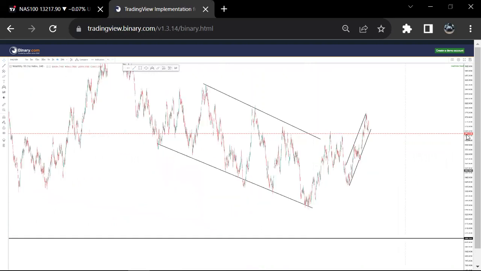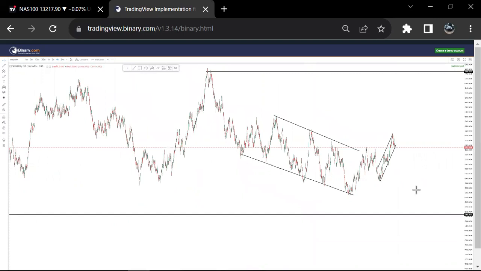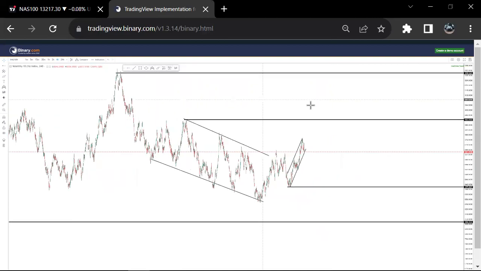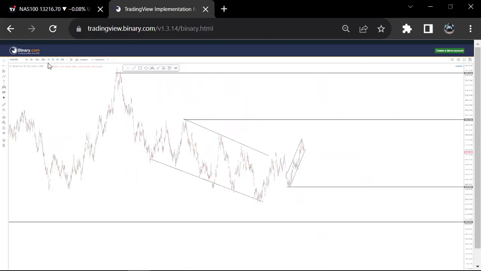So if we break going to the downside, remember, we have the 90% of the structure, which is that one. But if it goes up, also remember we have that. Do you get what I'm saying, guys? But the way I'm looking at it, I think the more likely chance is price going down.